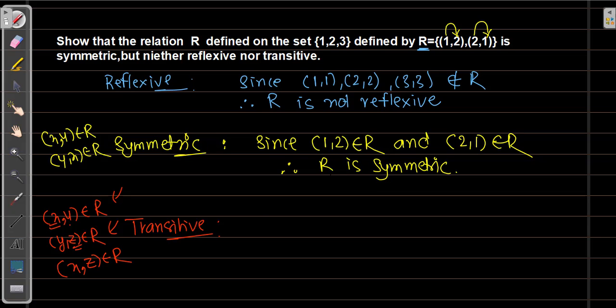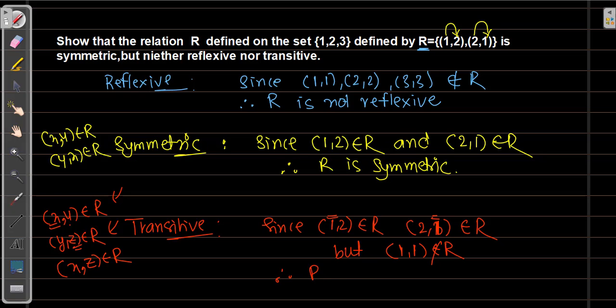For this example, since the ordered pair (1, 2) belongs to R, and (2, 1) also belongs to R, but (1, 1) is not in R, therefore our relation is not transitive.